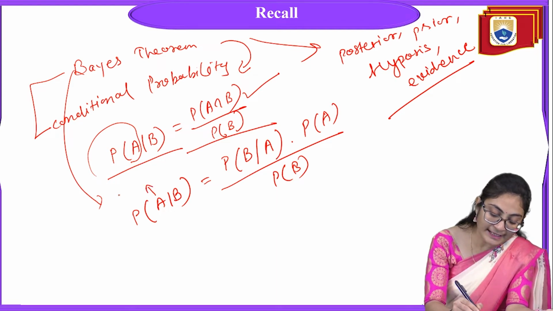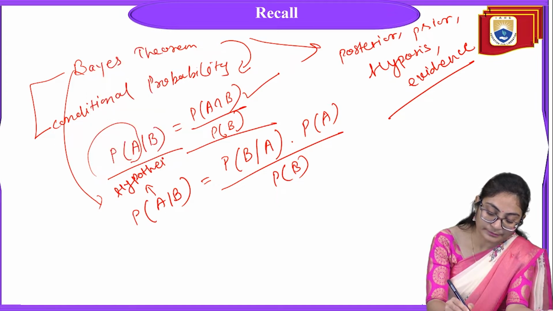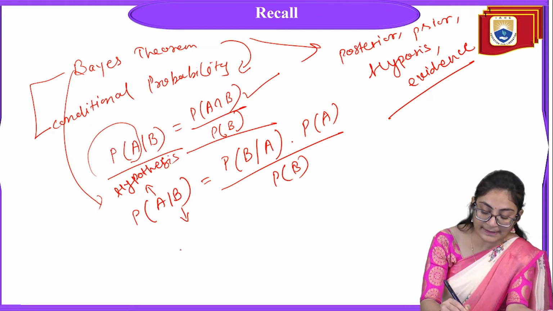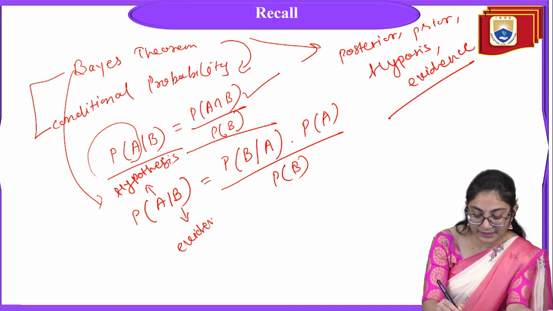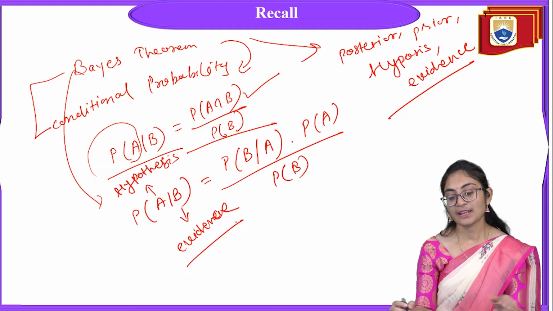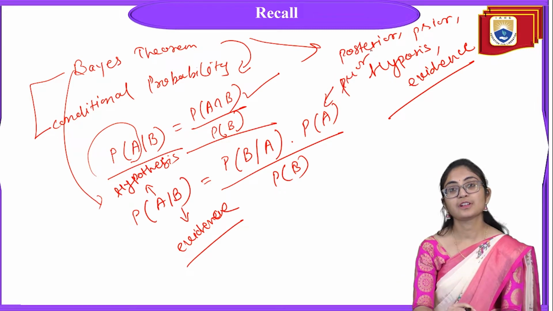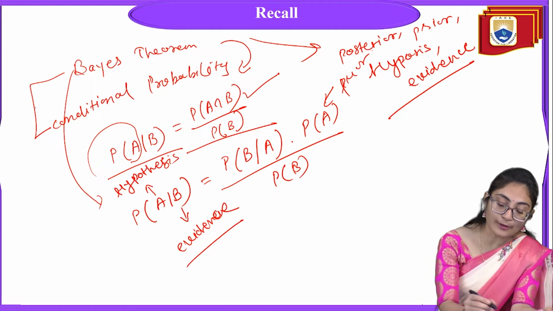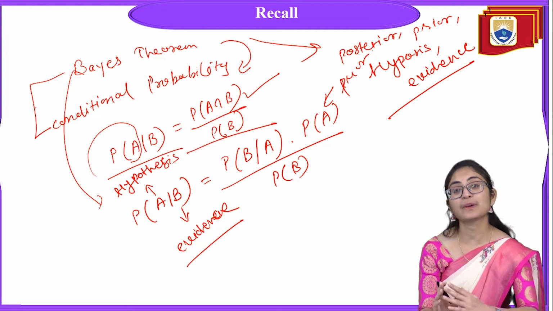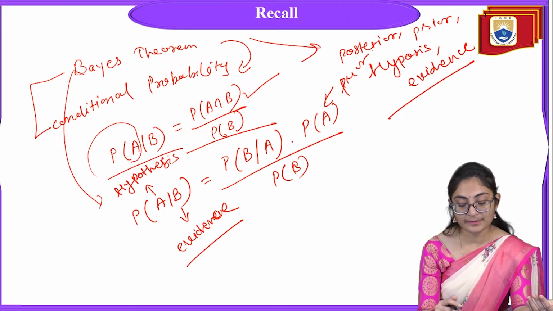Here A is your hypothesis, B is your evidence, and then this is your prior. So this is all about Bayes theorem and conditional probability that we saw in the last class.